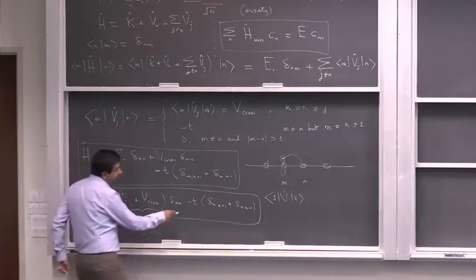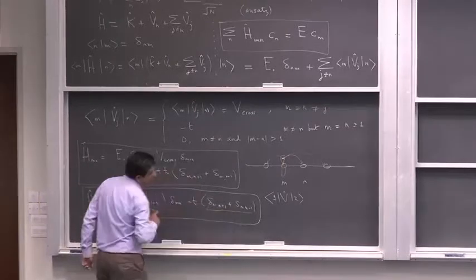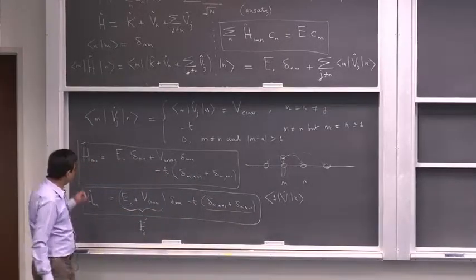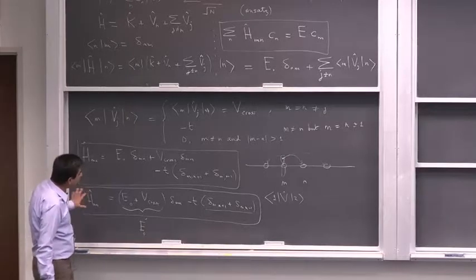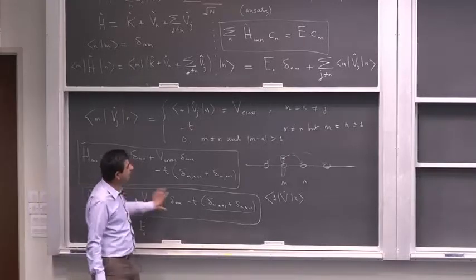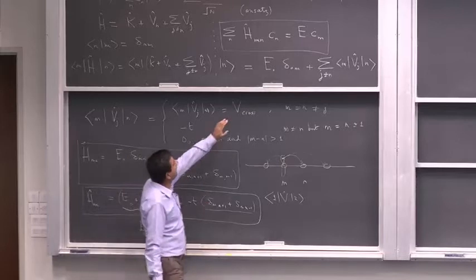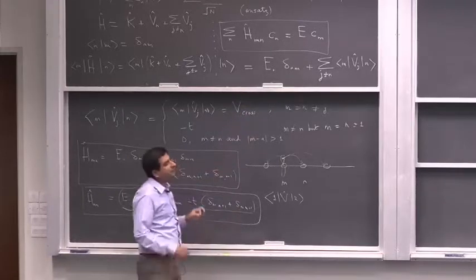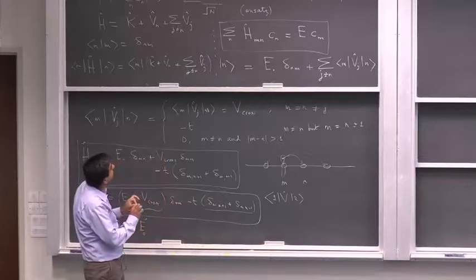Now this Hamiltonian is quite interesting. Now that I have the form of the tight binding Hamiltonian, I can use this element to solve the Schrodinger equation with my ansatz, with my trial solution.